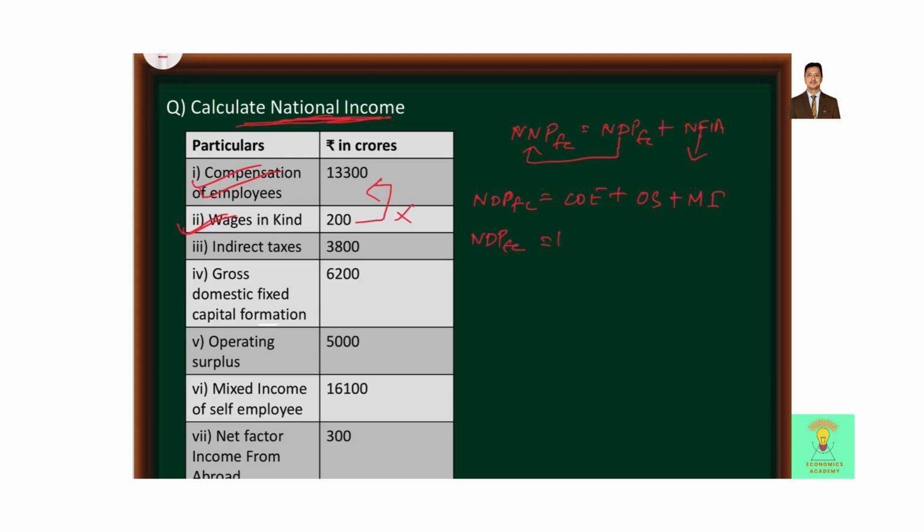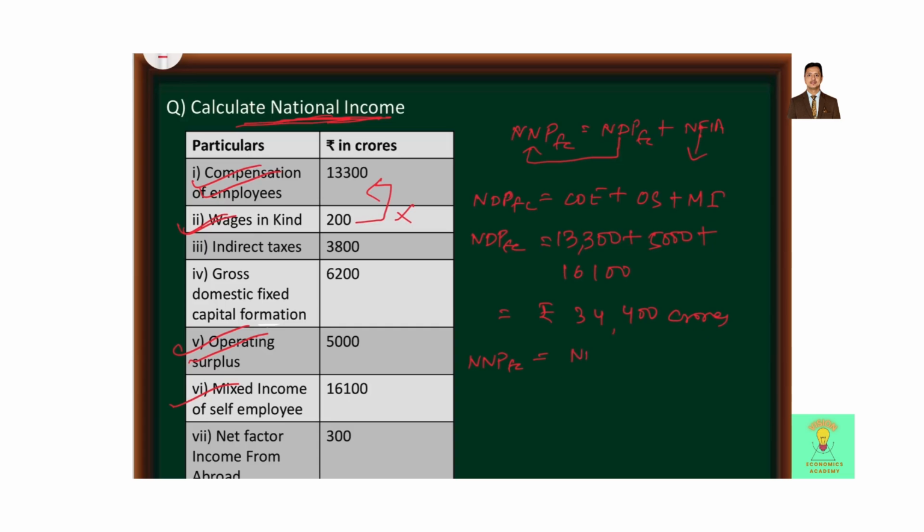NDPFC equals compensation of employees is 13,300 plus operating surplus is readily given 5,000 plus mixed income of self-employed is 16,100. Okay, so that would give us rupees 34,400 crores.